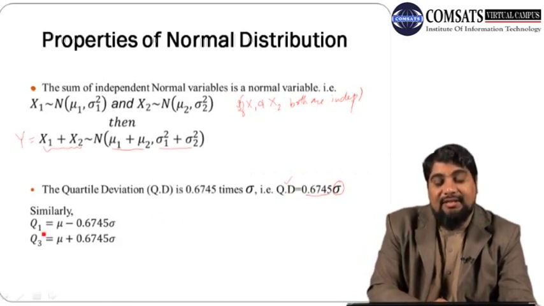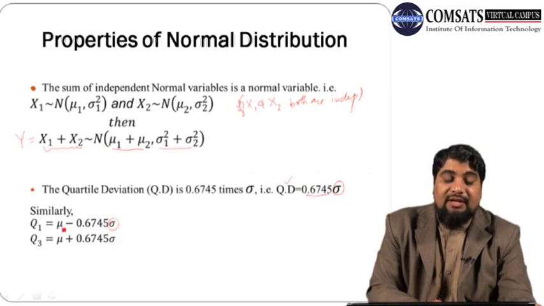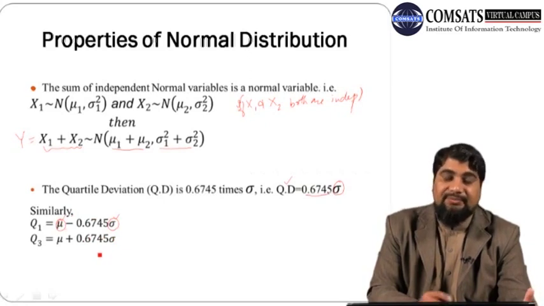Similarly, the first quartile is equal to mu minus 0.6745 times sigma, and the third quartile is mu plus 0.6745 sigma. So if we know the mean mu and the standard deviation sigma, we can use this expression to calculate the first and third quartiles as well.